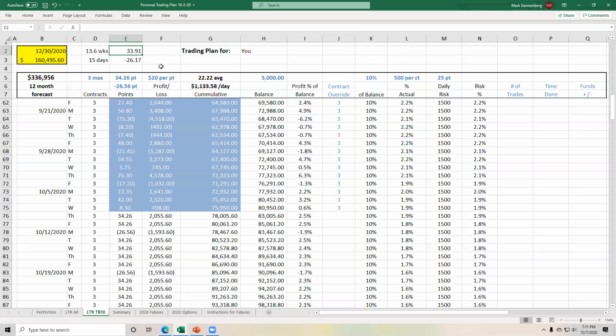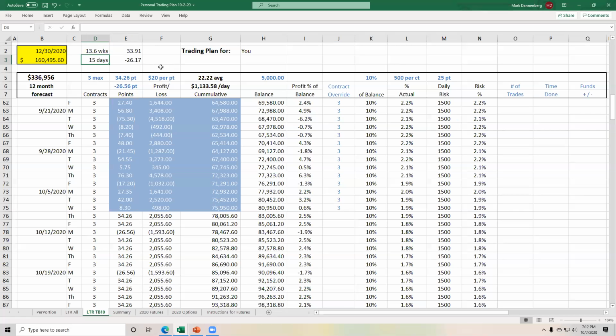Now, on our version of the trading plan, these numbers also take into account the rate or frequency of losing days relative to the number of weeks that are behind us. So there's a calculation in here that just helps us understand if we're losing at a rate of 1 day per week, that has a different value calculation than if we're losing at a rate of 1.5 days per week.